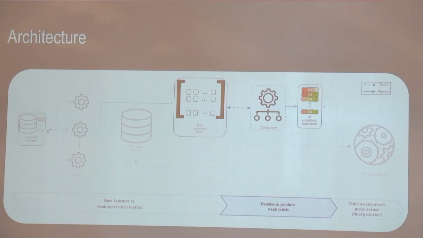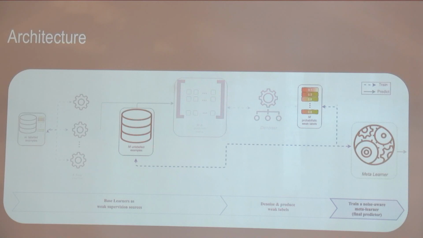We use 3 different denoisers here, but I cannot go into more details due to time limitations. And then we take those probabilistic weak labels and train a big complex meta learner on them using the previously unlabeled set.